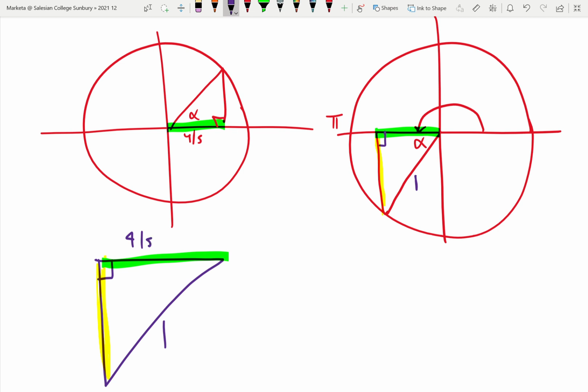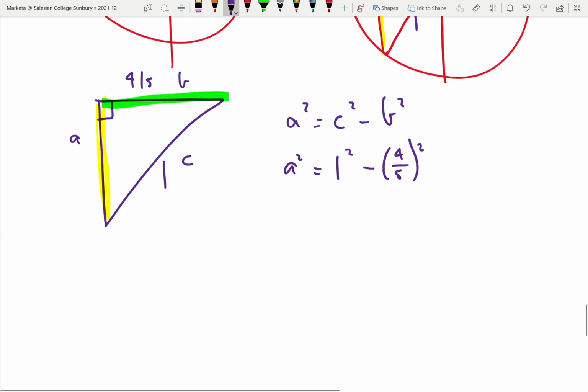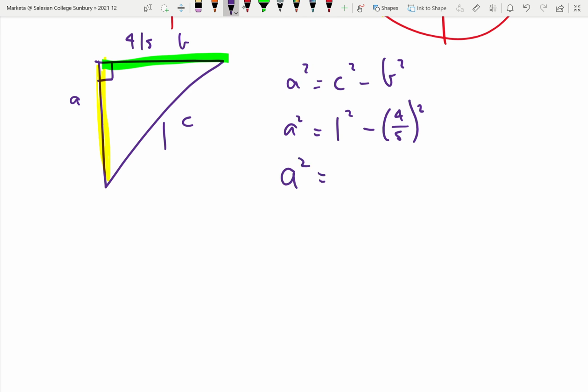And then, well, let's call this C, B and A. A squared equals C squared minus B squared. So A squared equals 1 squared minus 4/5 squared. So A squared equals 1 minus 16 on 25. So A squared equals 25 over 25 minus 16 on 25.